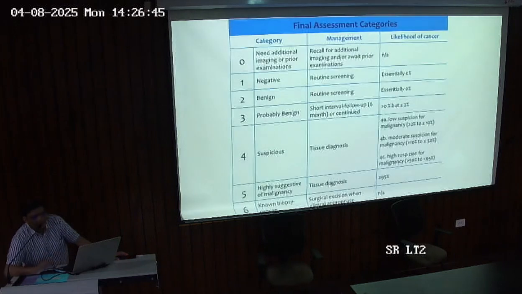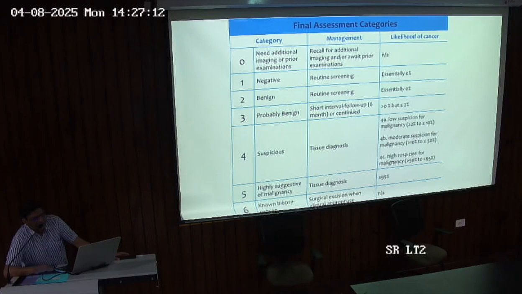So these are the final assessment categories. BI-RAD 0 means the tissue is not well reported and not contained in the core cut biopsy, so repeat core cut biopsy is required. Grade 1 means it is negative for malignancy, essentially 0% malignancy.